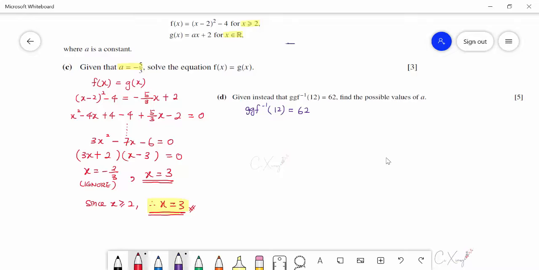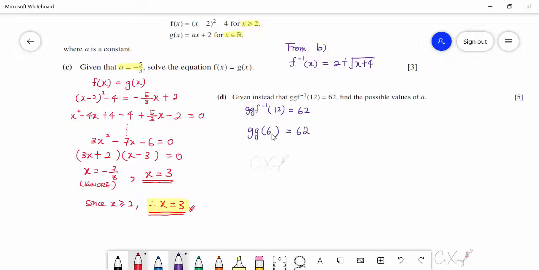Okay, from part B we get our f inverse function, which is equal to 2 plus square root of x plus 4. So I need to substitute the 12 into my inverse function here. 12 plus 4 is 16, the square root of 16 is 4, 4 plus 2 is 6. Therefore, your f inverse(12) will give you a value of 6.